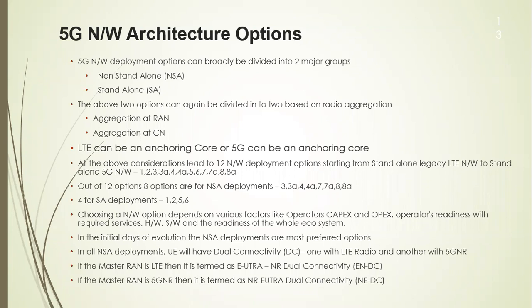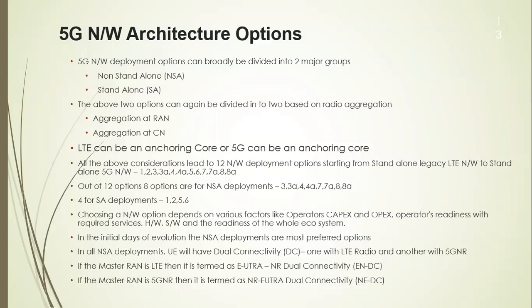One is non-standalone architecture, and the other one is standalone architecture. Non-standalone architecture means that here the 5G network is not the primary network. It is the LTE network which is the primary network, and we will have 5G as a secondary network.